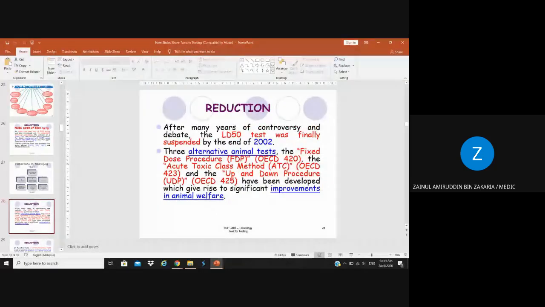OECD 420 is the fixed dose procedure. OECD 423 is the acute toxic class method, ATC, and 425 is called the up and down procedure.